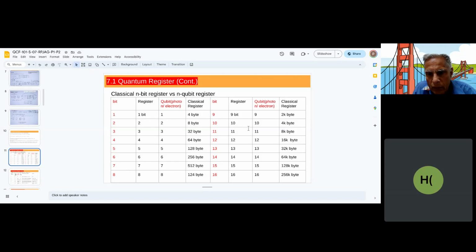Just to make sure that classical bits and qubits are different, and obviously their memory requirements are different. That was what was pointed out then.